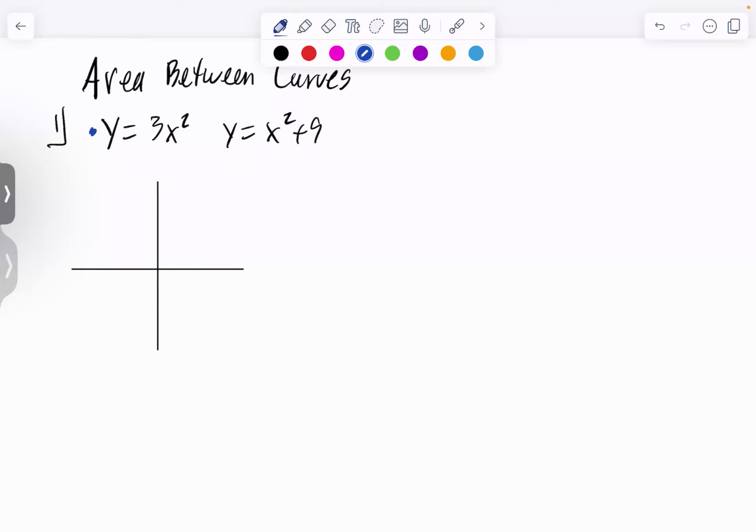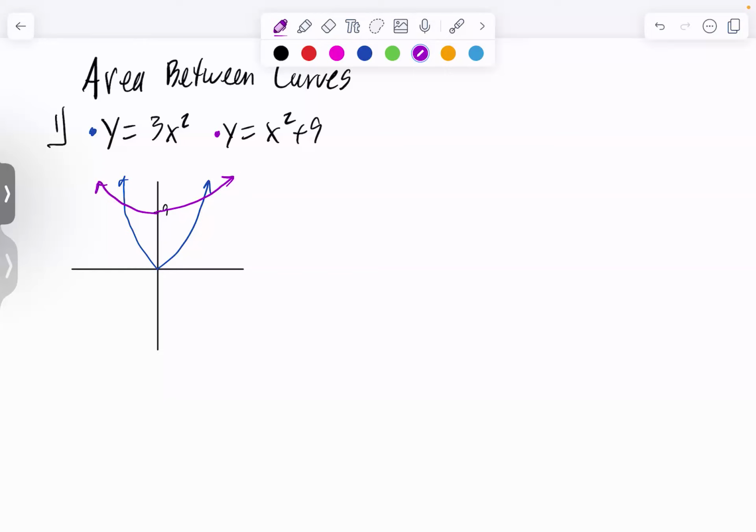It's going to be here, and it's going to do this and this. Whereas if we were up here at 9, this graph is going to be much fatter, and it's going to cross out here.